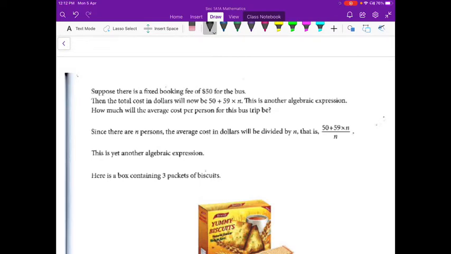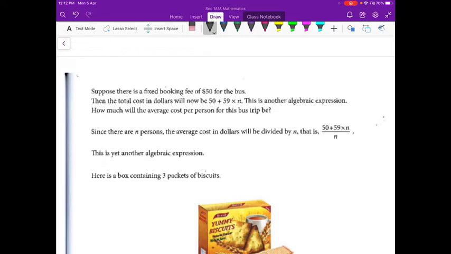Get how this works for now? Okay, then there are two people. How much is it going to cost? $50, that is the fixed one, plus 59, plus 59. Get it? Okay, listen up. There are two components to it. First is the amount that the bus ticket, $59, that everybody needs to pay.